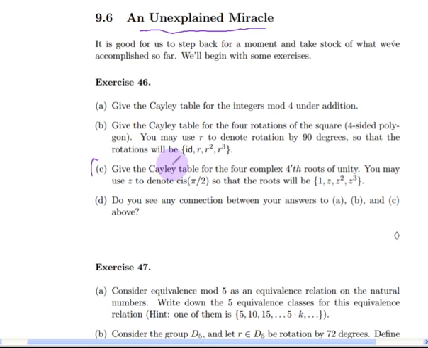No, I shouldn't say the symmetries of the square, the rotations of the square. Rotations of a square turn out to have the same group structure as multiplication of fourth roots of unity, which is the same as the integers mod 4 under addition. So you have the same mathematical structure in 4 completely different contexts.